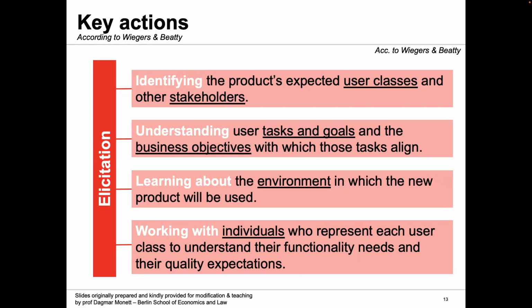Just imagine being in a different environmental setup brings so many different needs for your product development. So depending on who your client is, what their business objectives are, where they are, and the environment in which they are going to launch the new product, all these actions really form the key part of elicitation.